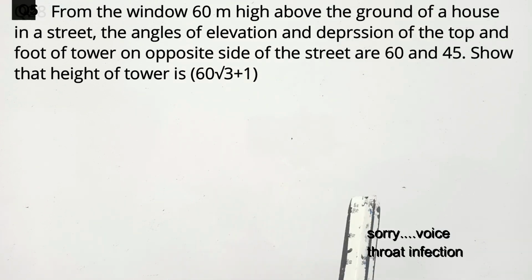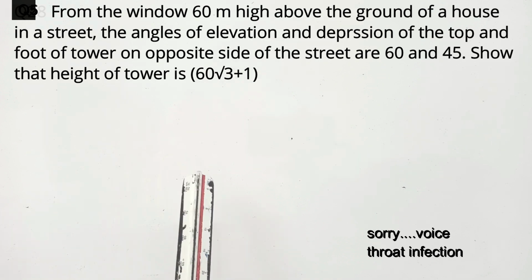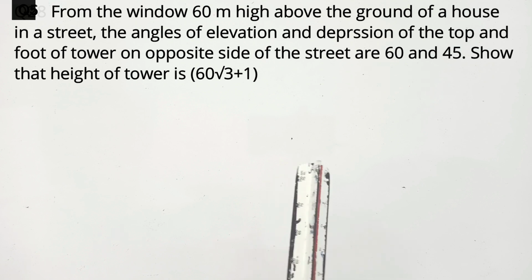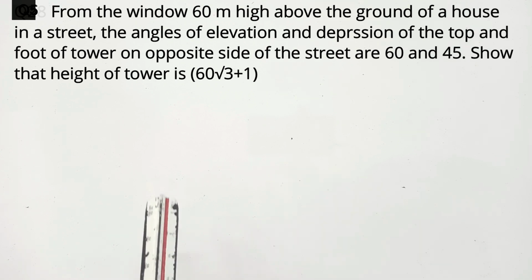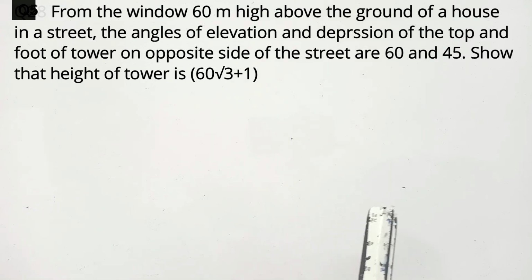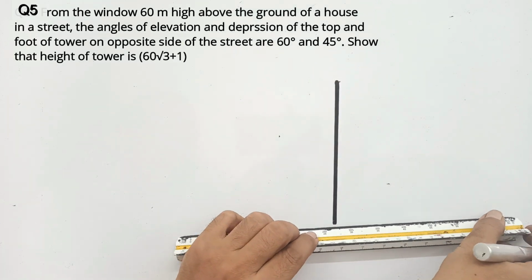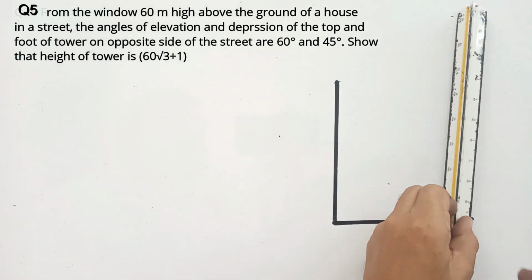Now let us see question number 5. From a window 60 meter high above the ground of a house in a street, the angles of elevation and depression of the top and foot of a tower on the opposite side of the street are 60 degree and 45 degree respectively. Show that the height of the tower is 60 times root 3 plus 1. Let us suppose this is a house, and on the street opposite to it, there is a tower.